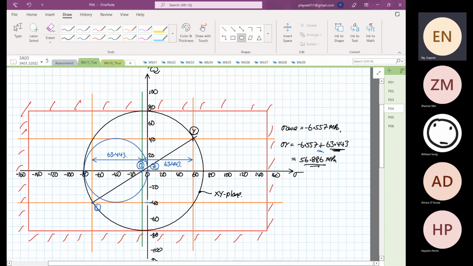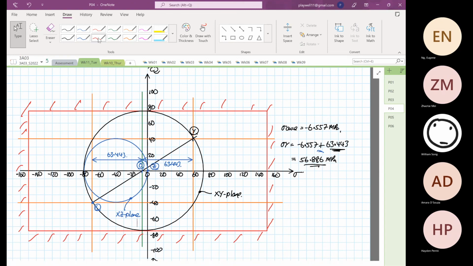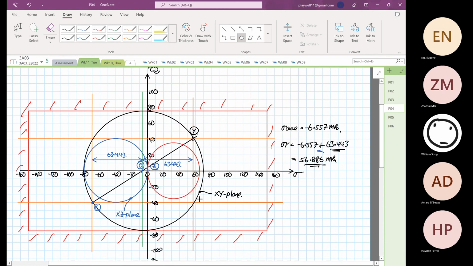Right, we know that point Z is at 0 because there's no stress acting at point Z. Okay, so over here, this is your XZ plane, right? And then the other one, right?